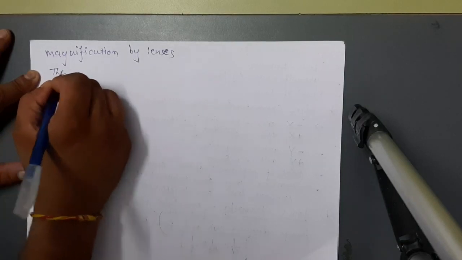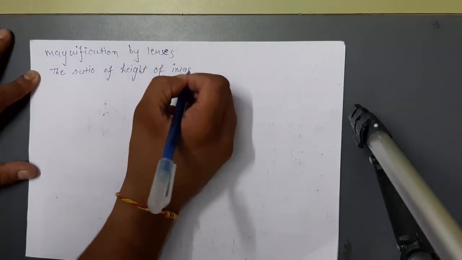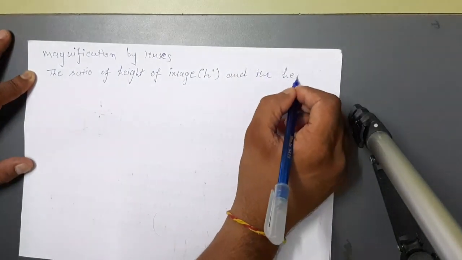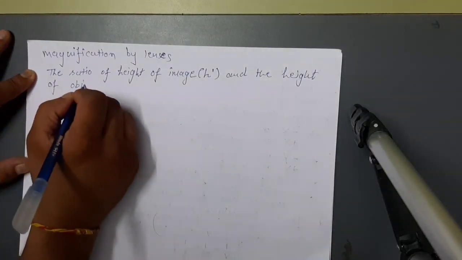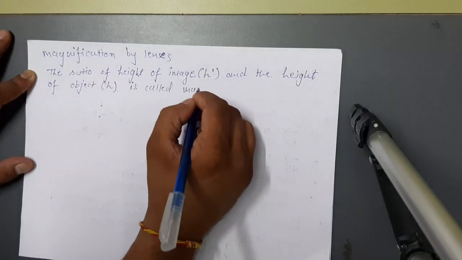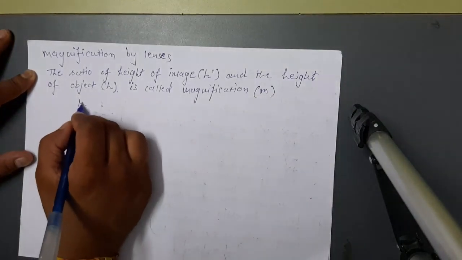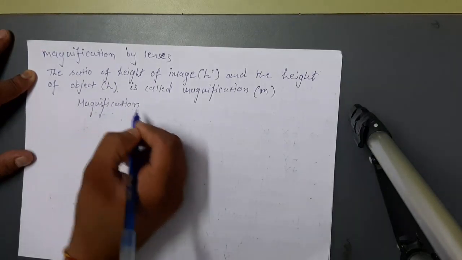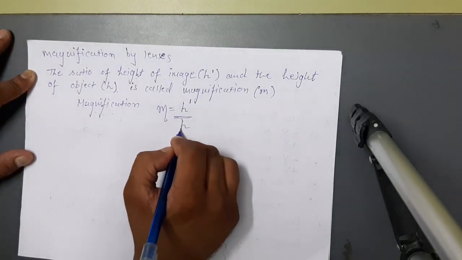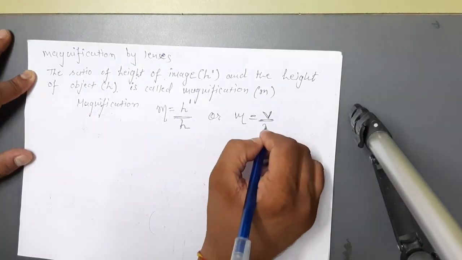The ratio of the height of the image, suppose h dash, to the height of the object, if we consider it as h, is called magnification and is denoted by capital M. According to its definition, magnification M is equal to height of image h dash upon height of object h, or we can also write it as v upon u for a lens.